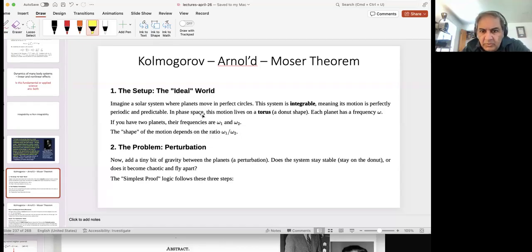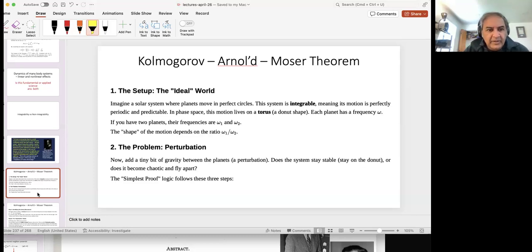In phase space, this motion lives on a torus or a donut. Each planet has a frequency omega. If you have two planets, their frequencies are, say, omega 1 and omega 2. The shape of motion depends on the ratio of omega 1 over omega 2, motion of both the planets.